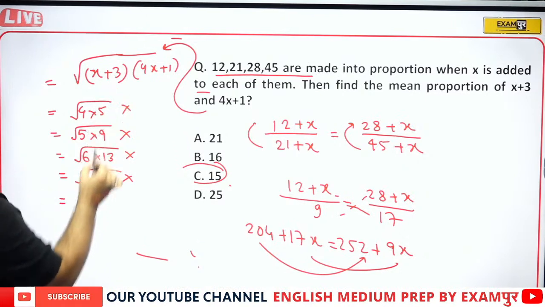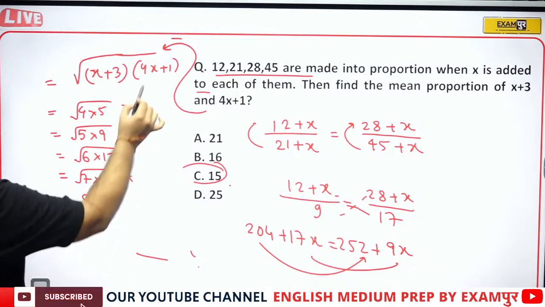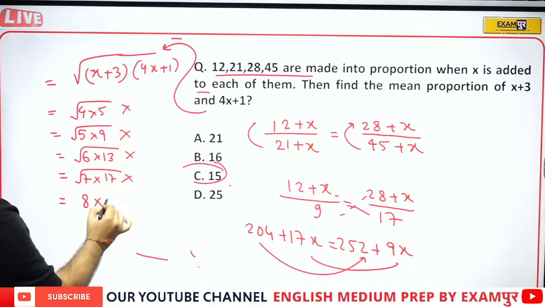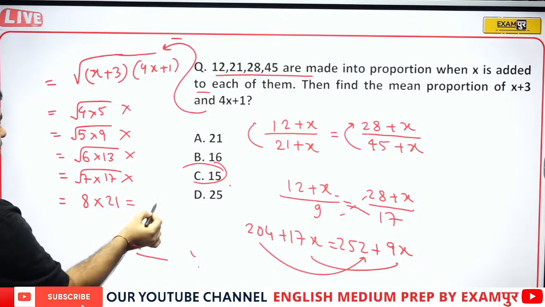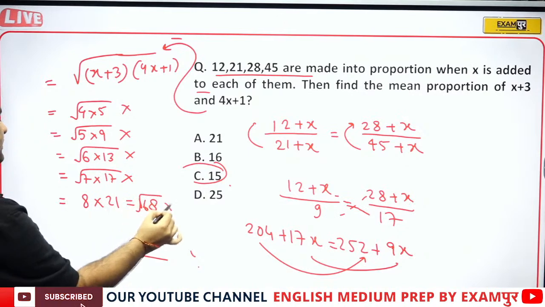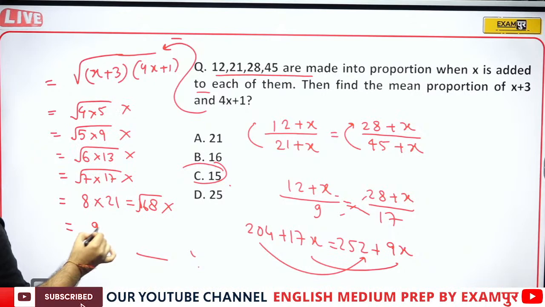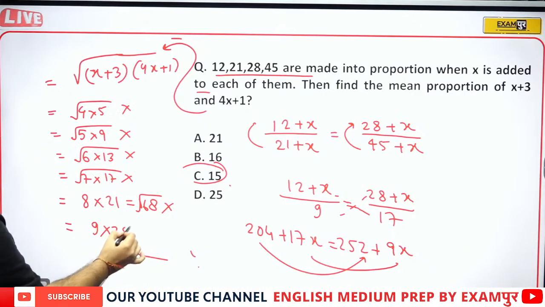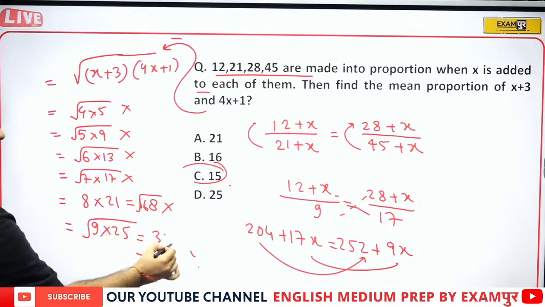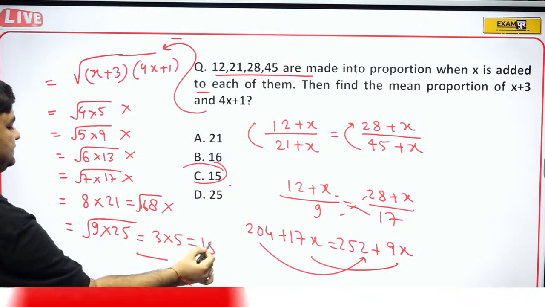If you take 5, it's 8 into 21, not a perfect square. If you take 6, it's 9 into 25. Both are perfect squares. 15 is the answer.